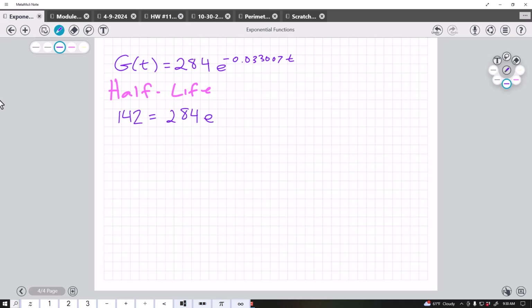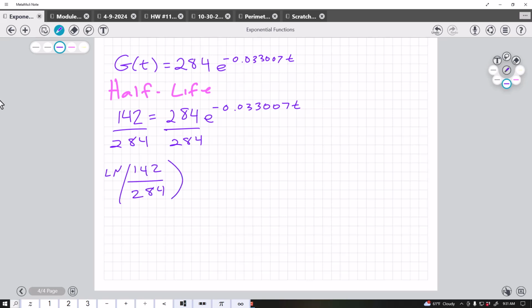So 142 equals 284 e to the negative 0.033007t. If I divide both sides by 284, you can see I'm going to be doing the same thing as I did on the other one. ln now of 142 divided by 284.